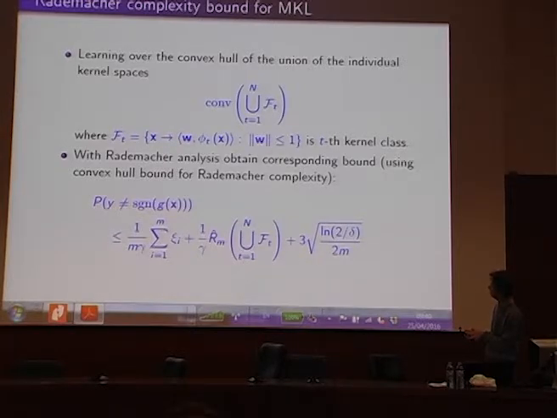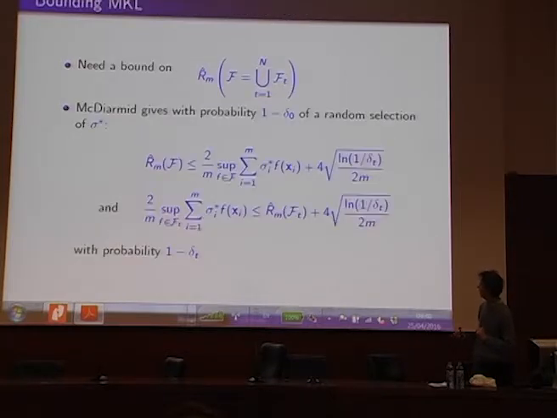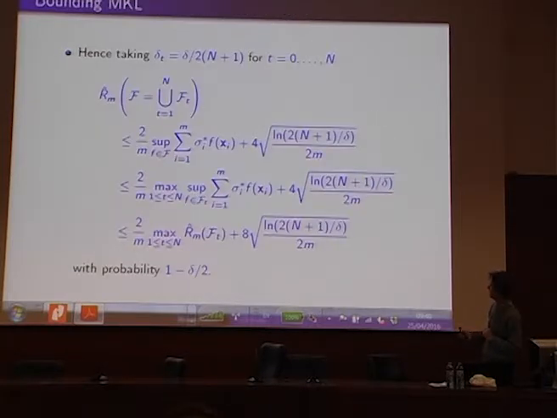This is a 2-norm bounded by 1. And if we can bound the Rademacher complexity of this very large union over these feature spaces, then we're in good shape. And the bound that we can get depends logarithmically on the number of those kernels.